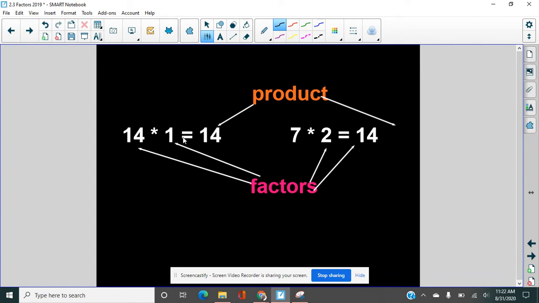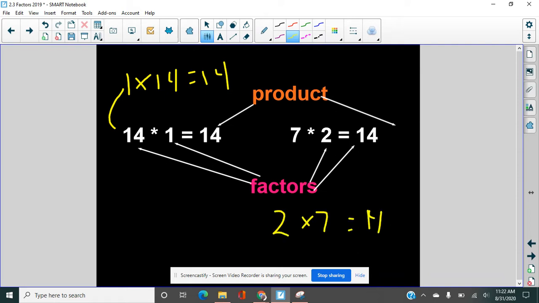Remember, anything times 1 stays the same. Now, a turnaround fact for that is 1 times 14 equals 14, right? So these are called turnaround facts. They're really the same things because they have the same factors. Then 7 times 2 equals 14. You might have had 2 times 7 equals 14, but again, turnaround facts have the same factors.